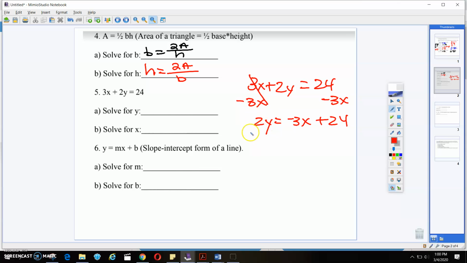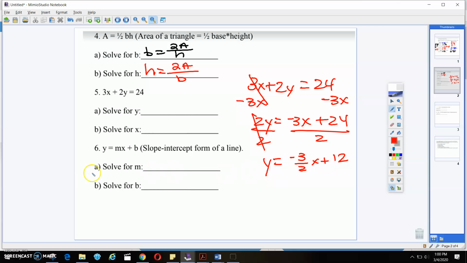We want to get y by itself, and it's attached to this 2, so we're going to divide by 2 on both sides, and that's going to give me y equals negative 3 divided by 2 x plus 12. The reason why I got 12 at the end is because 24 divided by 2 gives us 12.